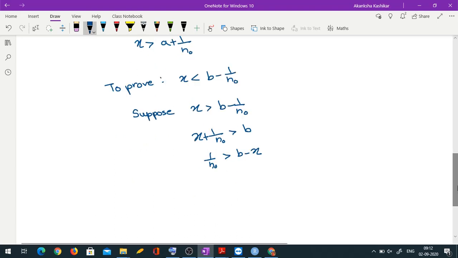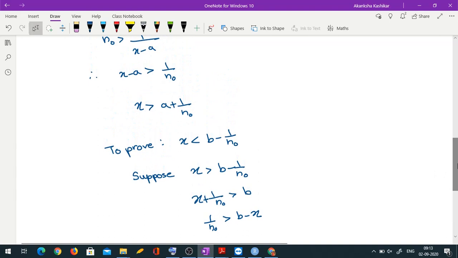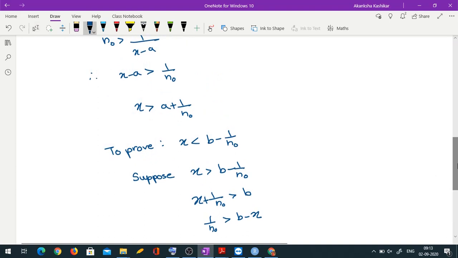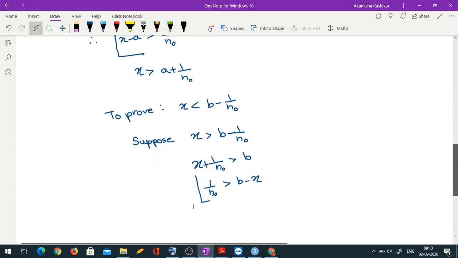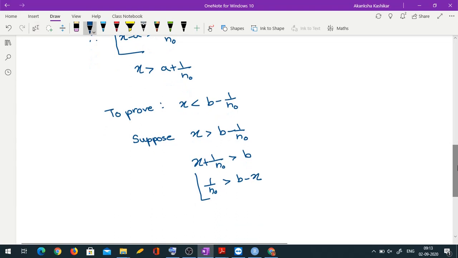So, considering this and this, what do I get? I get that 1 by n naught is in the middle. So, I get that x minus A is larger than 1 by n naught, which is larger than B minus x.